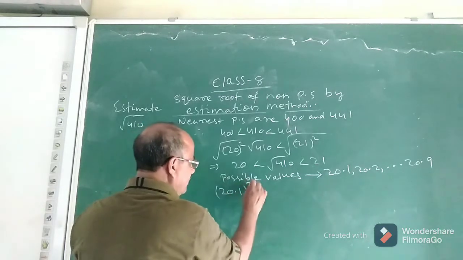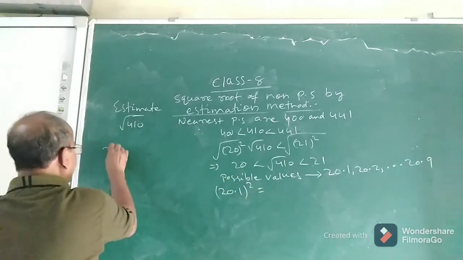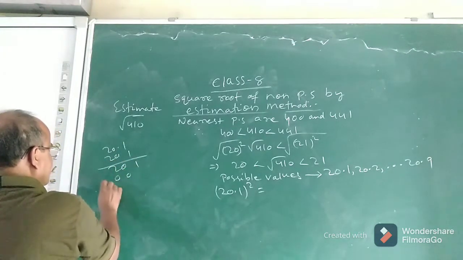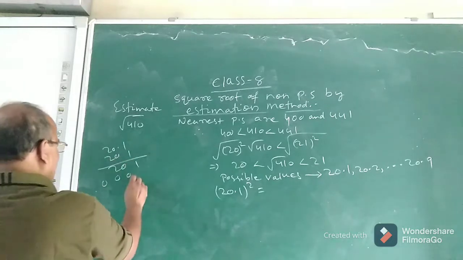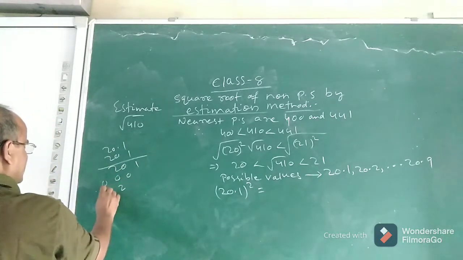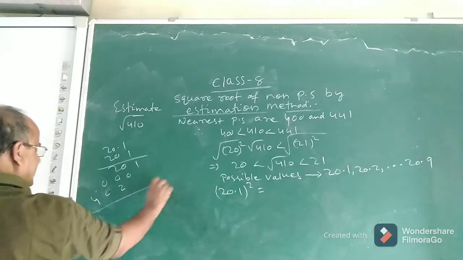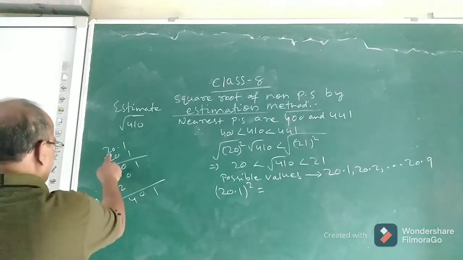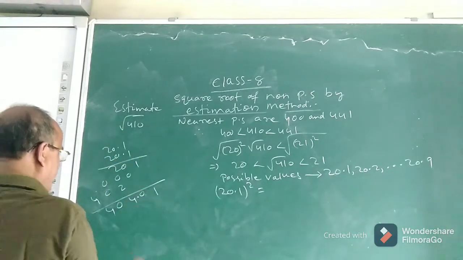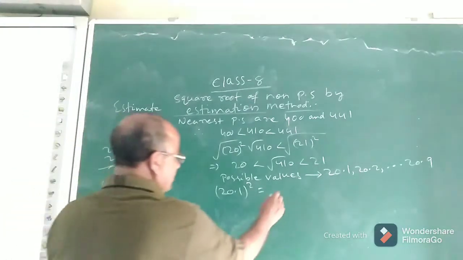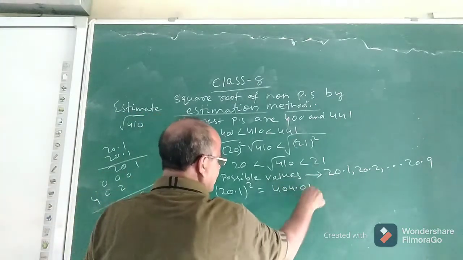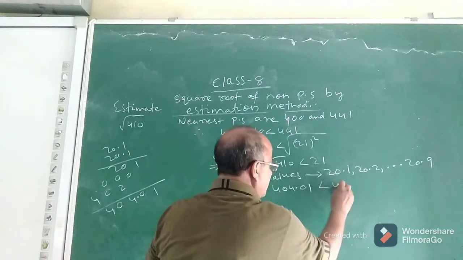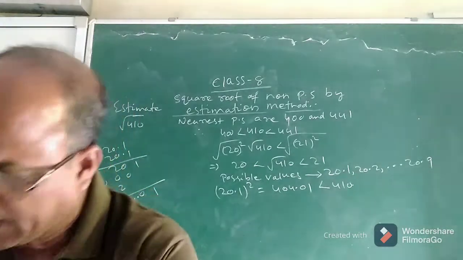Now 20.1 squared: you multiply 20.1 into 20.1, and you get 404.01. This 404.01 is less than 410.